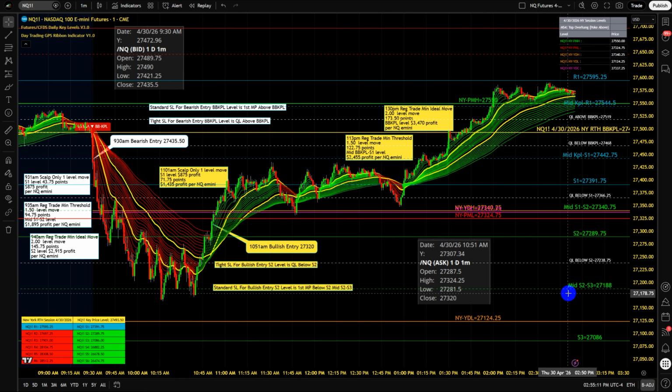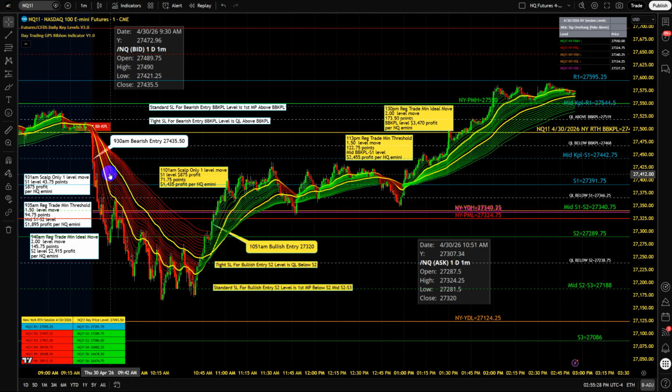Okay, so after it bottomed out here on the mid S2, S3, as you can see, we start getting a reversal. We start getting a close above the second thick moving average within the moving average ribbon.